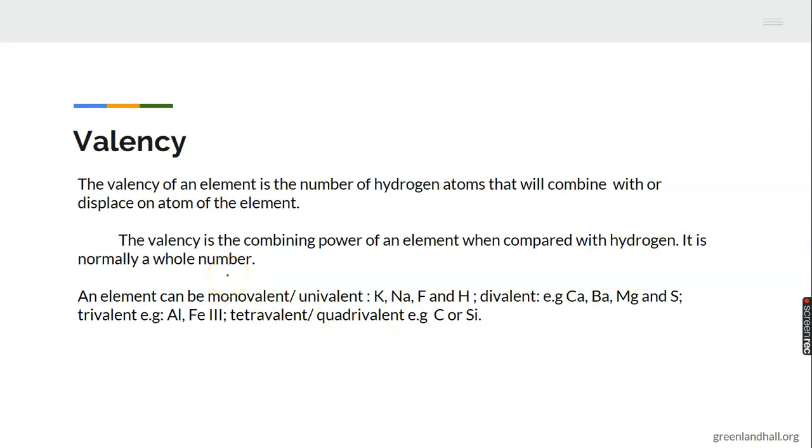You can't see it in a fraction or decimal, it's always a whole number. So an element can be monovalent, univalent, trivalent, tetravalent, polyvalent, as the case may be. So you have some elements here with their examples.